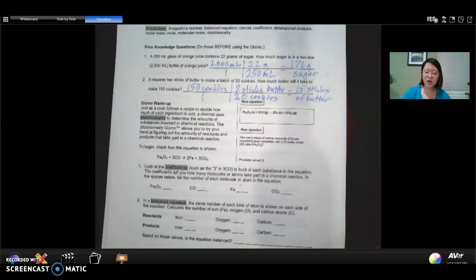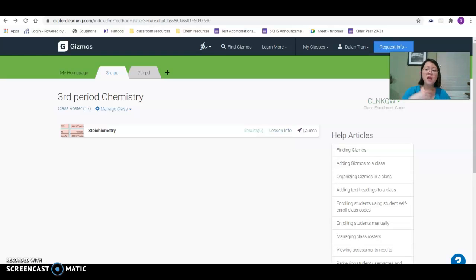So to start, we got to check that this equation is what's shown in our simulation. So if you signed up for an account using my classroom code, then you should be seeing something similar to this. You've got stoichiometry listed here, but we want to click the button that has the rocket ship where it says launch.